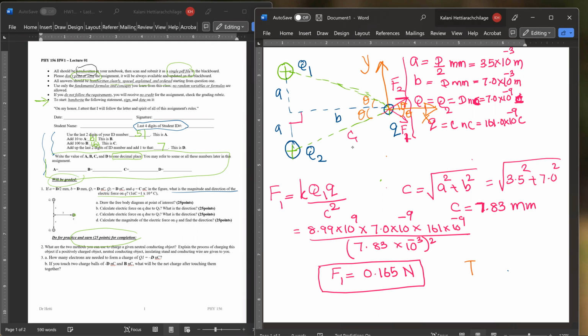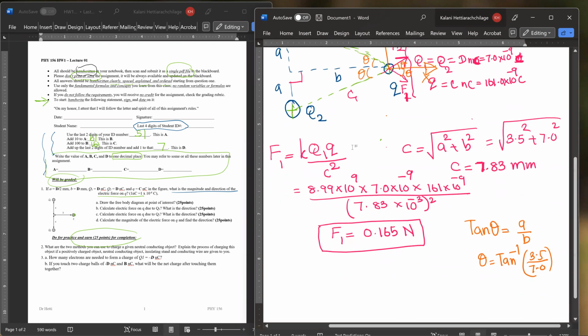So theta I will be able to calculate. You see that the tangent of theta is equal to the opposite over adjacent. Opposite is A, adjacent is B, then theta will be tangent inverse of A over B. So 3.5 divided by 7.0.